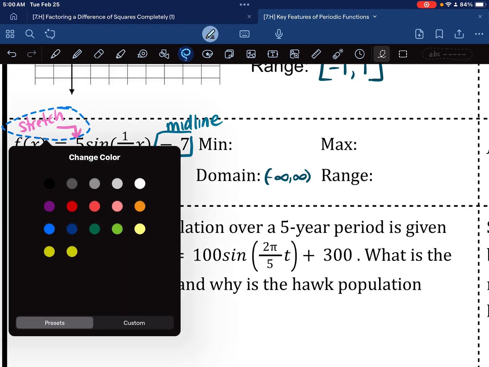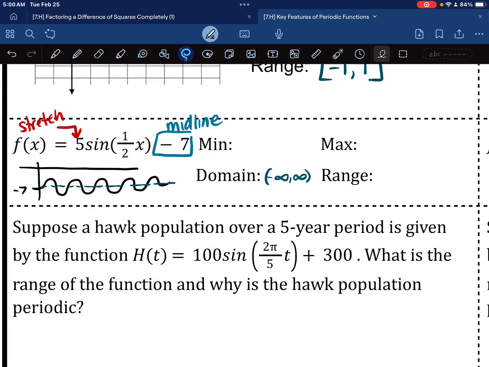But with an amplitude of 5, what this is saying is that from that midline to the top and to the bottom, there's a distance of 5 on each of those. So if I'm at -7 and I come 5 up, that would put me at -2. And if I'm at -7 and I go 5 down, that puts me at -12.